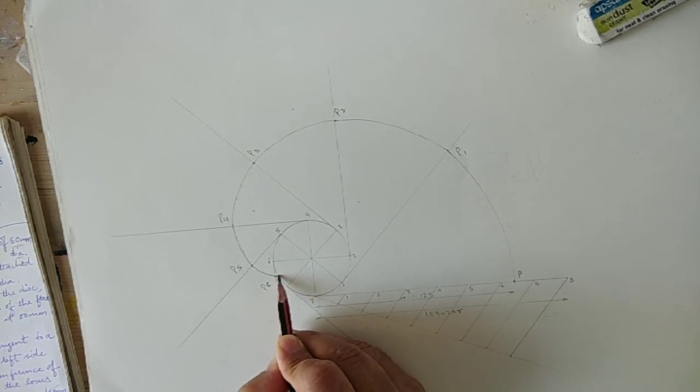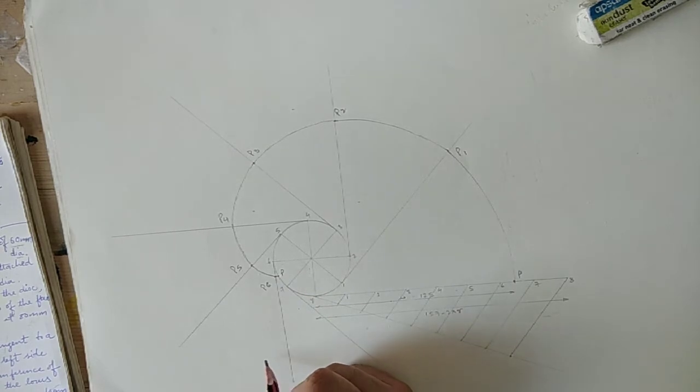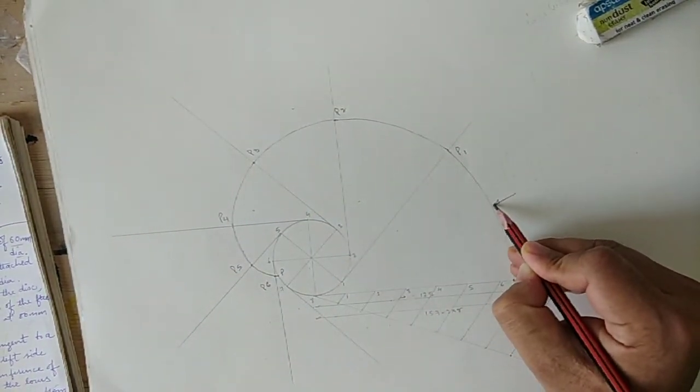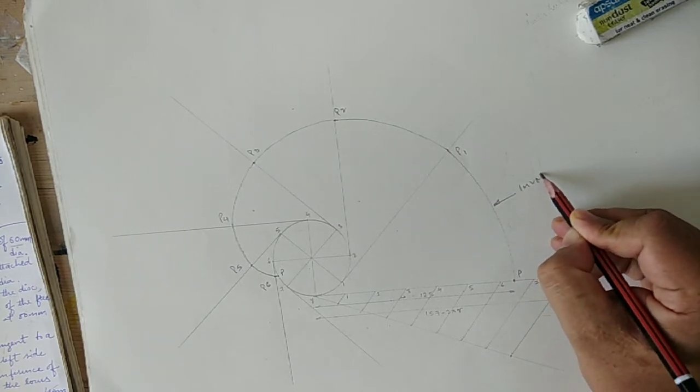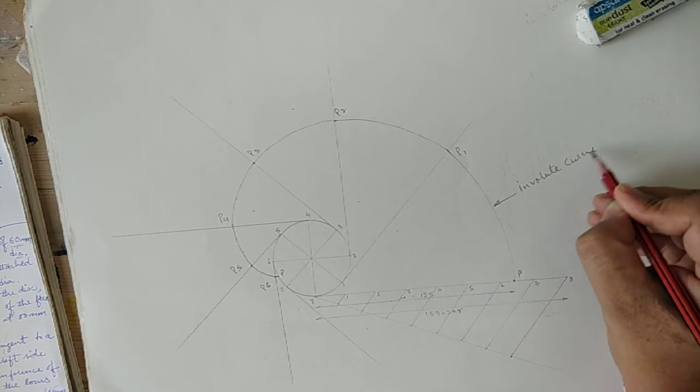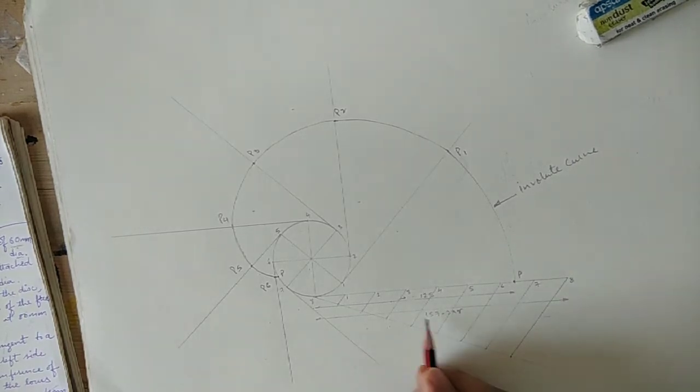So that point is your P over the circumference. So this is your involute curve.